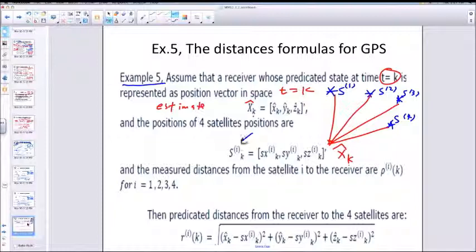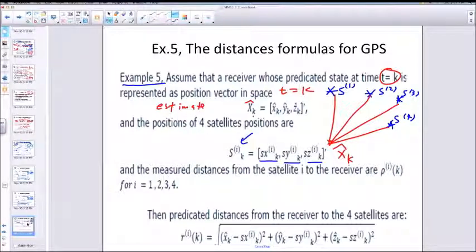So this little i on the top is not a derivative, it's not a power, it just tells you the i-th satellite. If i equals 1 means the first satellite, i equals 4 means the last satellite. Right. Well, each satellite also has X, Y, Z. Put the S just to tell you it's the satellite.